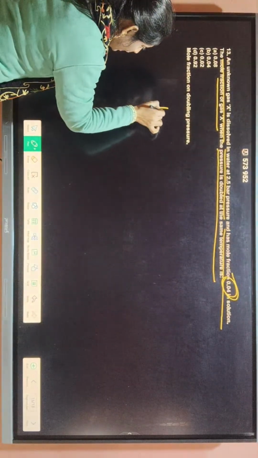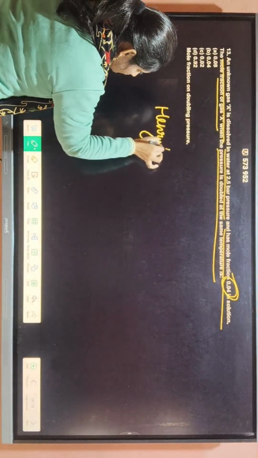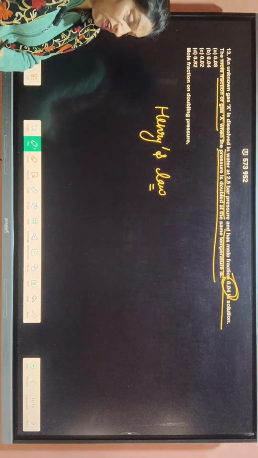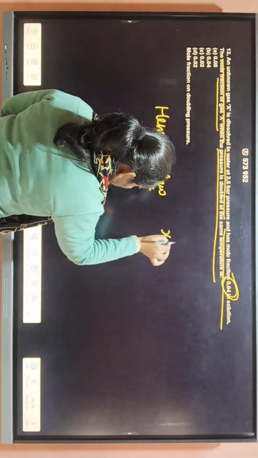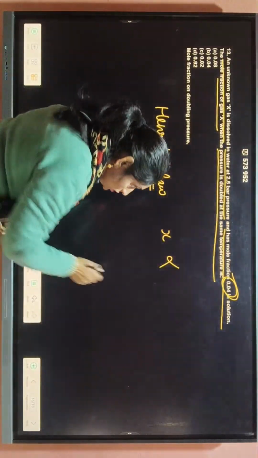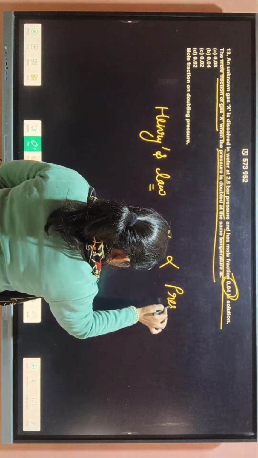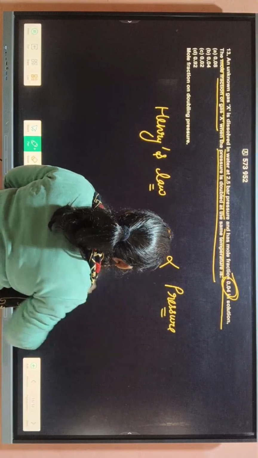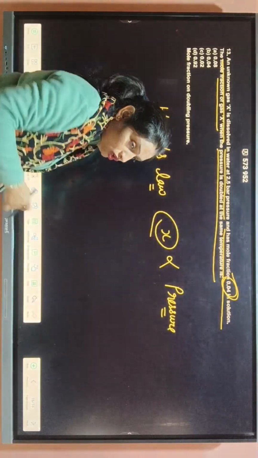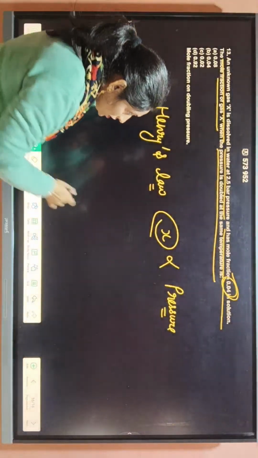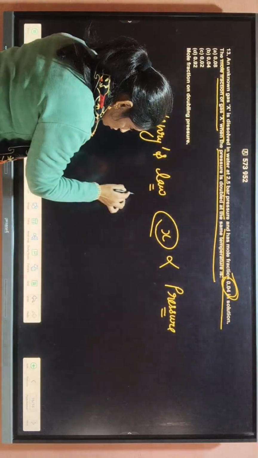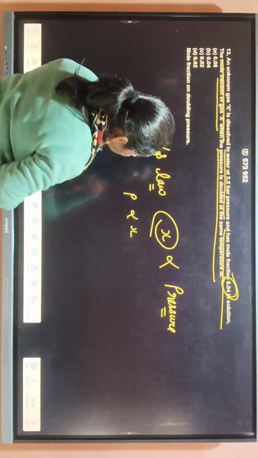Students, according to Henry's law, the solubility of a gas is directly proportional to the pressure. Solubility we are explaining in terms of mole fraction. So solubility means mole fraction is directly proportional to the pressure. So P is directly proportional to X, students.